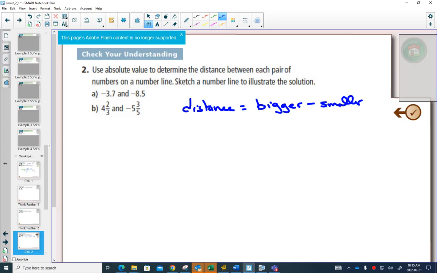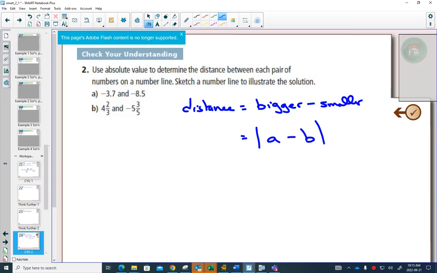That makes sense. But we can also find the distance by taking whichever way we want. I'm going to use A and B. Pick one as A, one as B. And if you put it in absolute values, even if you did it smaller minus bigger, the absolute values will make it positive, and you'll get the right answer.